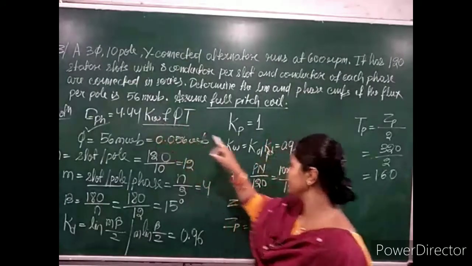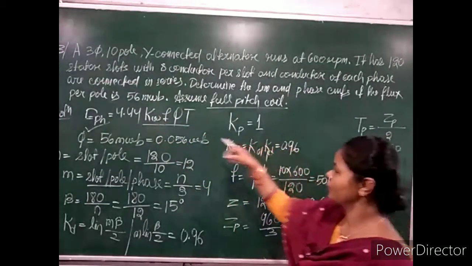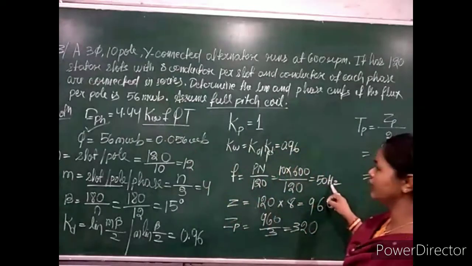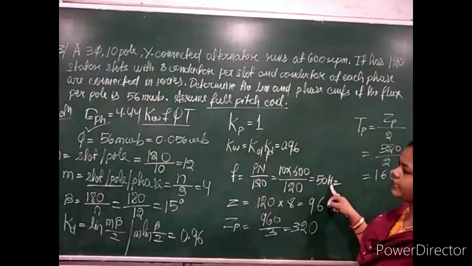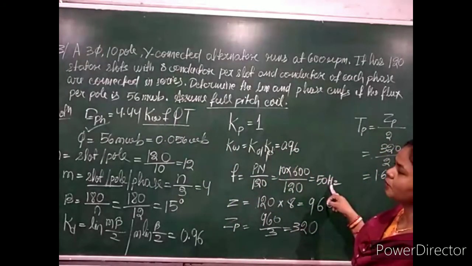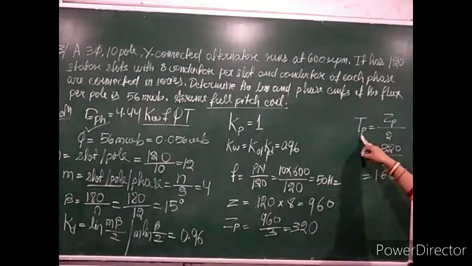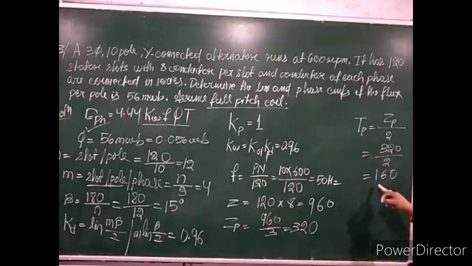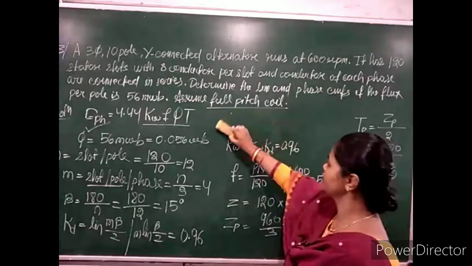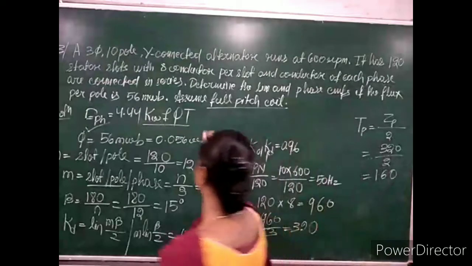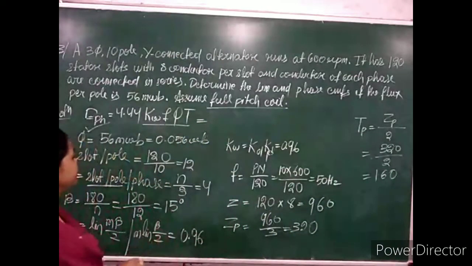Here winding factor is 0.96, frequency you get is 50 Hz, flux per pole is given, that is 0.056 Weber, and number of turns per phase you have calculated is 160.